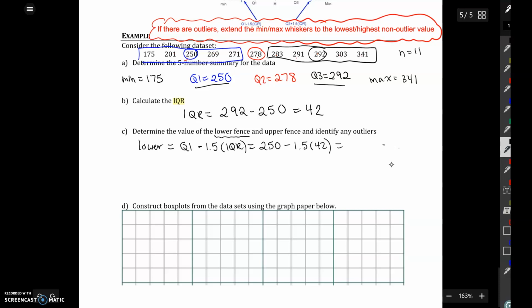Plugging that into my calculator, it comes out to a value of 187. So my lower fence value is 187. Any numbers in my data set that are lower than 187 are outlier values. So 175 is an outlier.